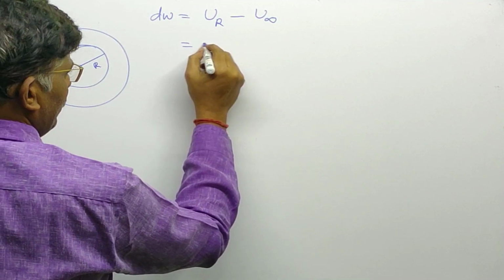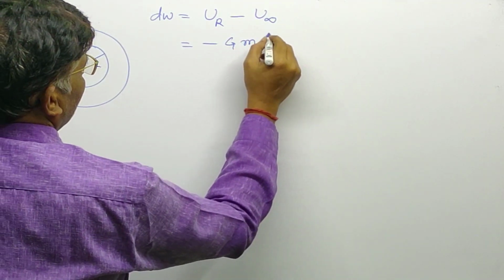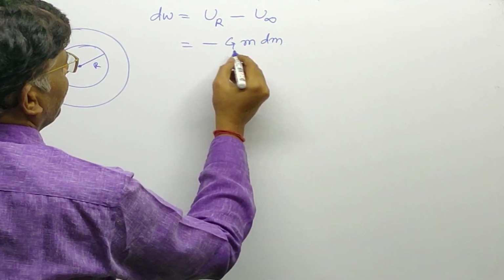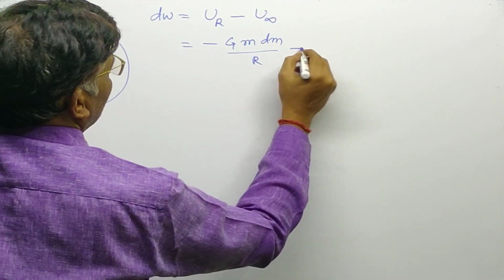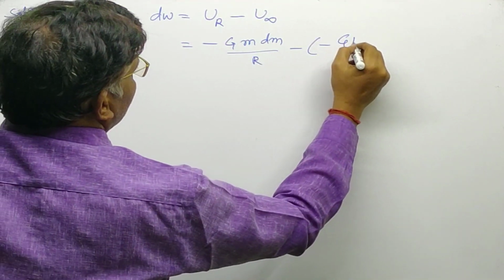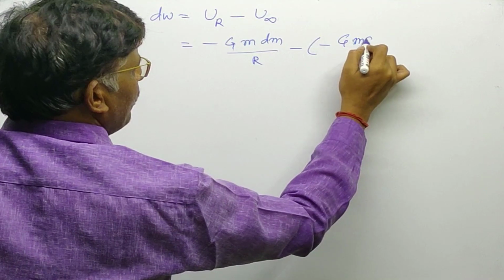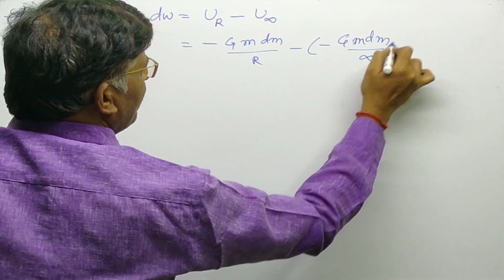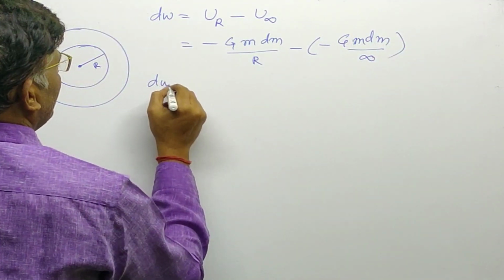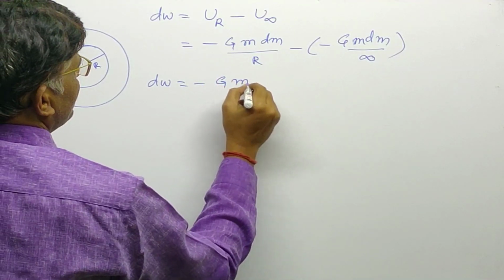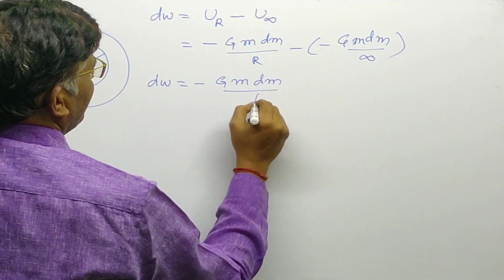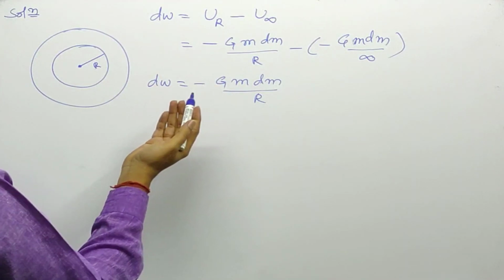That is equal to minus G m dm divided by R minus of minus G m dm divided by infinity. So, dW is equal to minus G m dm divided by R for a small amount of mass dm.